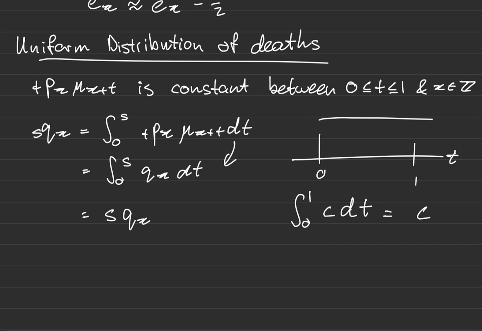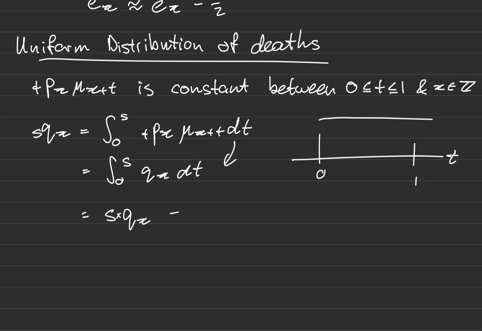Now the constant that I'm going to pick to use then is just qx, because this is the probability that the person dies within the next year. So I replace that with the constant because I'm assuming that probability is the same throughout here. So I can replace it with the constant, and then when I integrate that, it's s times qx.